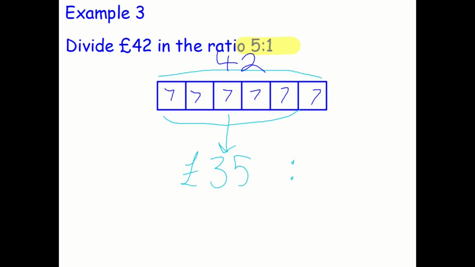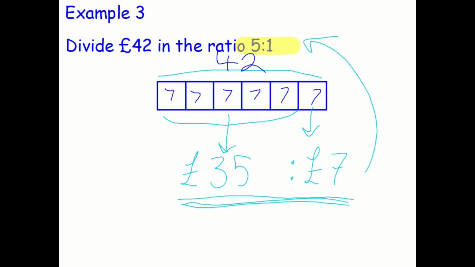And then I've got this one box on the end, which is £7. So my answer is 35 to 7. You can check, of course, because 35 plus 7 adds up to 42. So this is your final answer. Don't simplify it because you just end up getting back to that, which is not the answer to your question.